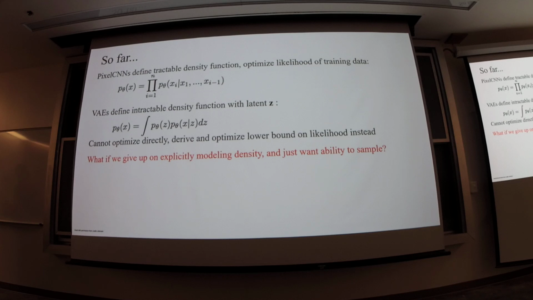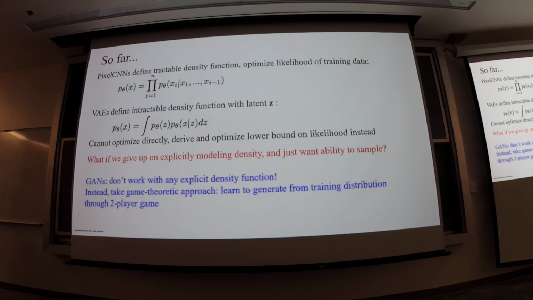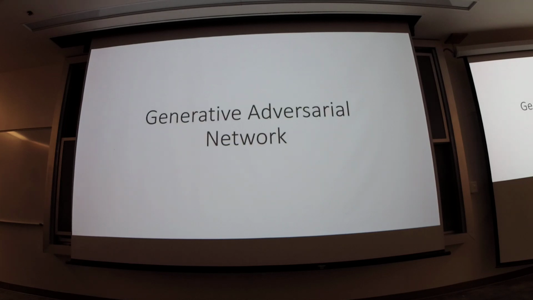Does it make sense? Sometimes we are only interested in being able to sample from this probability distribution, not necessarily in its probability. This is exactly what GANs do. They don't work with explicit density functions, but they are great at creating samples from the probability distribution. Okay? So let's talk about GANs.